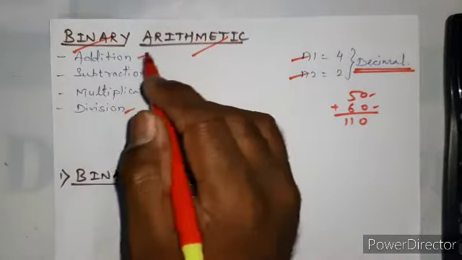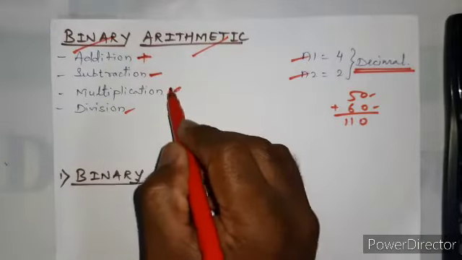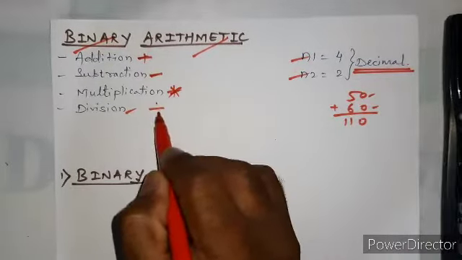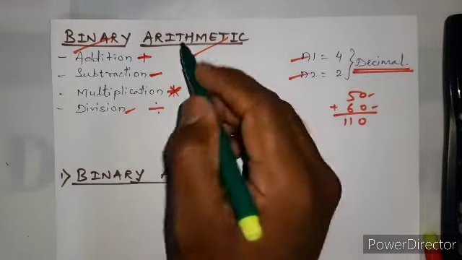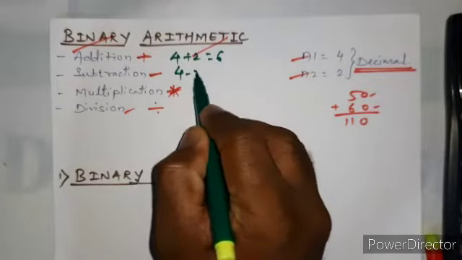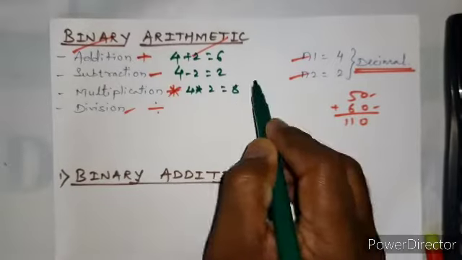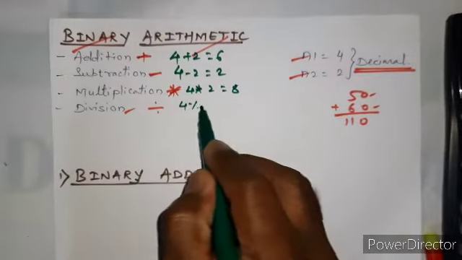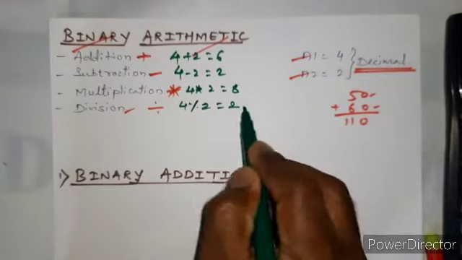Addition we have seen, we have plus, subtraction is minus, multiplication is star, and this is divide by. So 4 plus 2 we have 6, 4 minus 2 we have 2, 4 into 2 we have 8, and 4 by 2 we have 2.